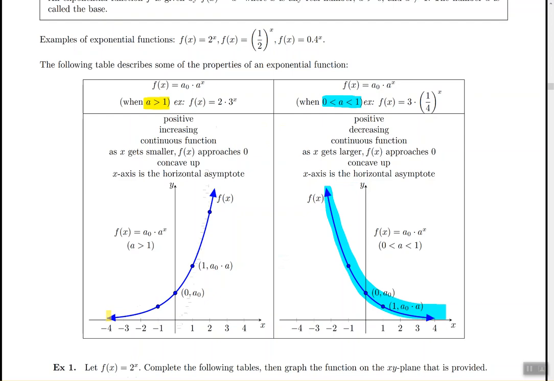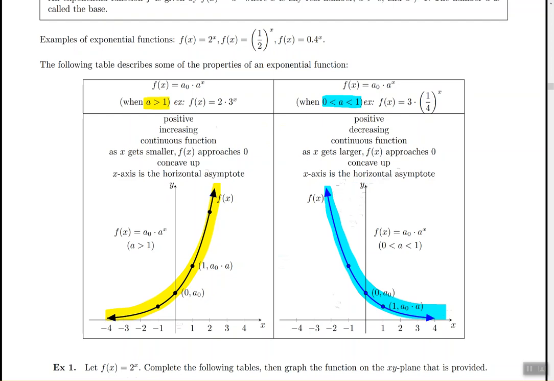When the base is bigger than 1, the function goes uphill, okay? So again, it's the same properties. It's always above the x-axis, which makes the graph always positive. It's a function that's decreasing. My little stick figure guy would be going downhill all the time. It is a continuous function, which means I can graph the whole blue thing without lifting my hand off the paper.